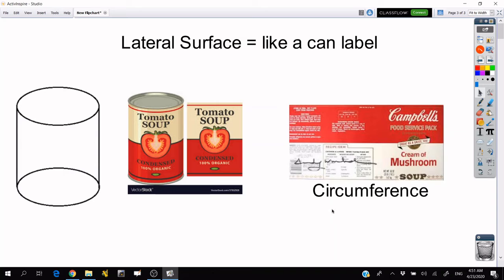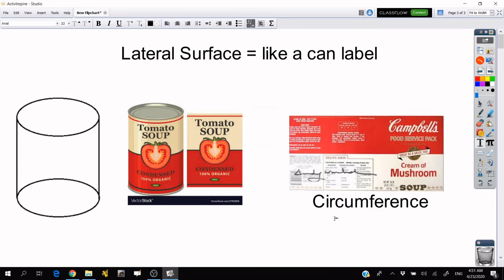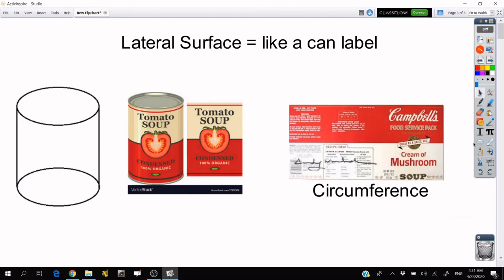So we have the circumference down here, which is handy because we know how to compute the circumference. Circumference is 2 pi r, or pi times the diameter. Either of those is fine. And this other dimension here is the height of this.